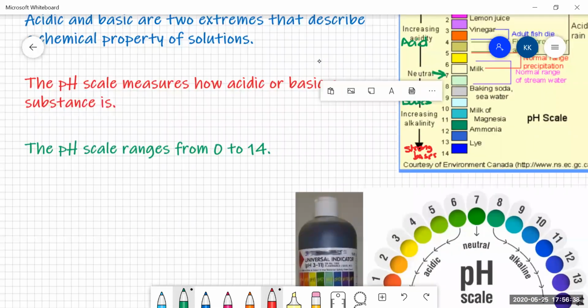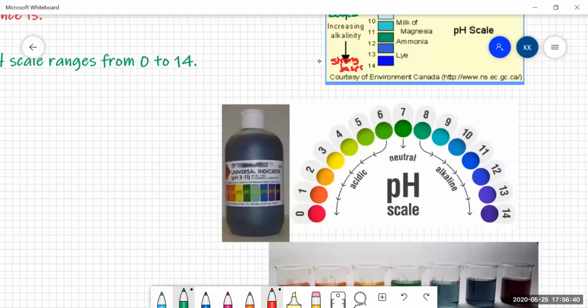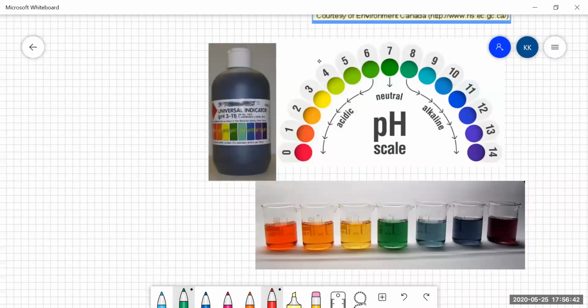You may have used universal indicator in the past to look at the pH of solutions. Universal indicator is a mixture of different indicators, so it gives you a great range of colors. Here we see that the red color is strongly acidic, and in the middle we have neutral.